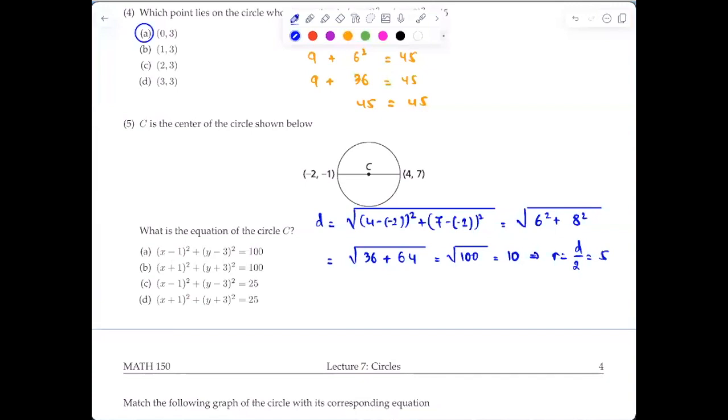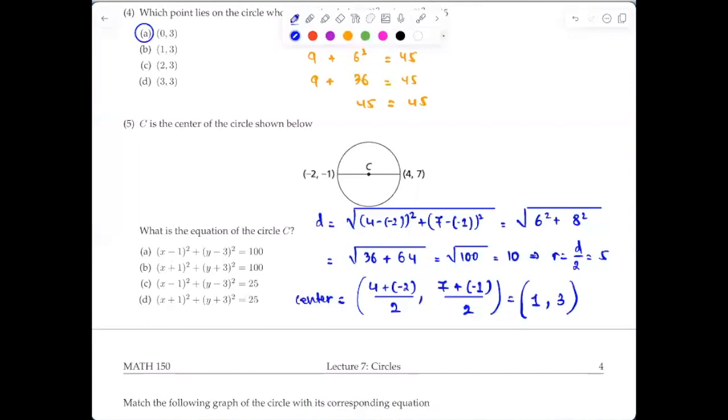Now, for the center of the circle, you use the midpoint formula. So the center is equal to what? 4 plus -2 divided by 2, comma 7 plus -1 divided by 2. Right, so 4 minus 2 is 2, divided by 2 is 1. 7 minus 1 is 6, divided by 2 is 3.